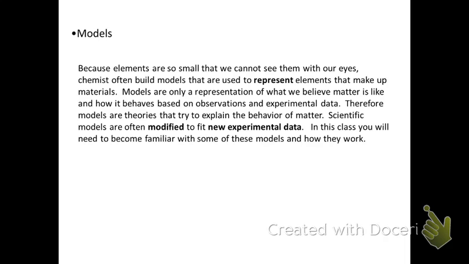And so in this class we're going to make models to represent elements. We're going to make models to show how elements interact with each other to form compounds, or how elements interact to change what the look of matter is, or the properties and characteristics of matter that are useful to us.